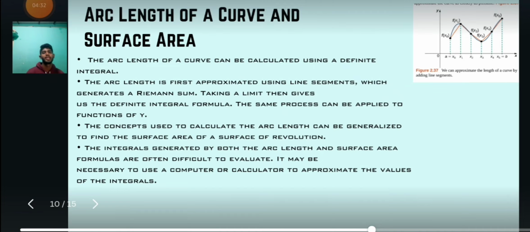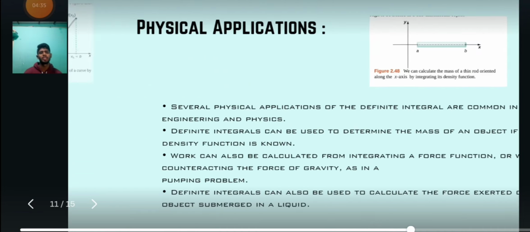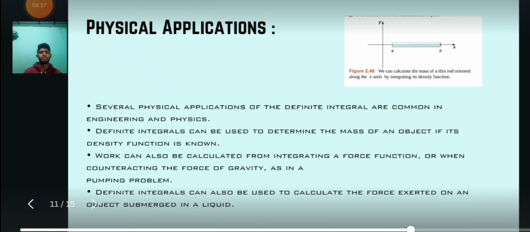Okay, next one. Further, the physical applications. Several physical applications of the definite integrals are common in engineering and physics. Definite integrals can be used to determine the mass of an object if its density function is known. If the density is known, calculating the mass of the object is very easy.